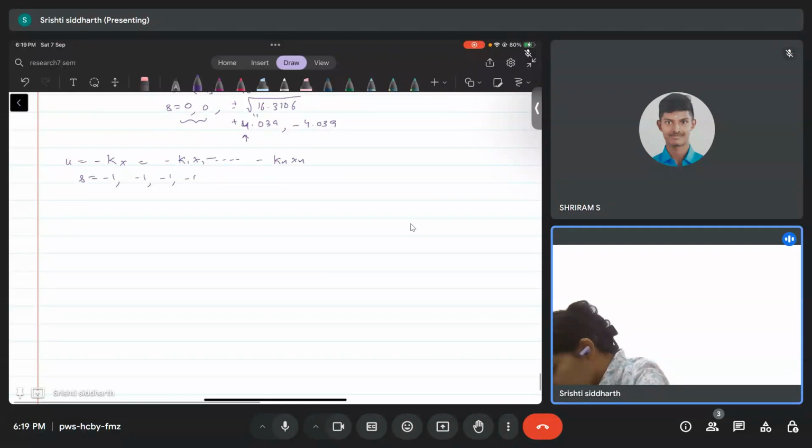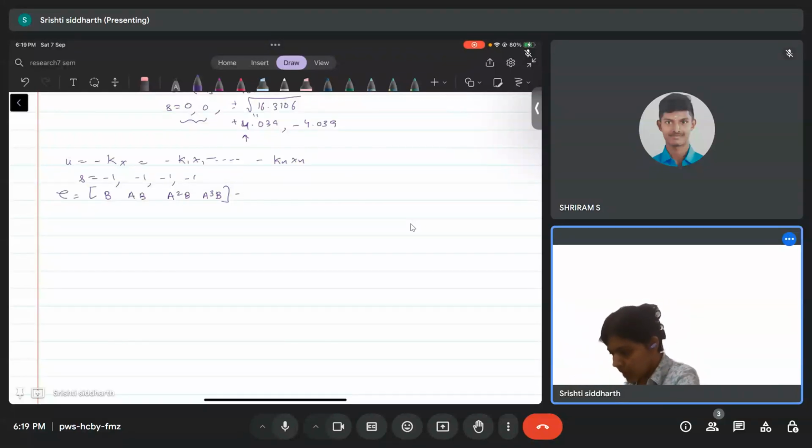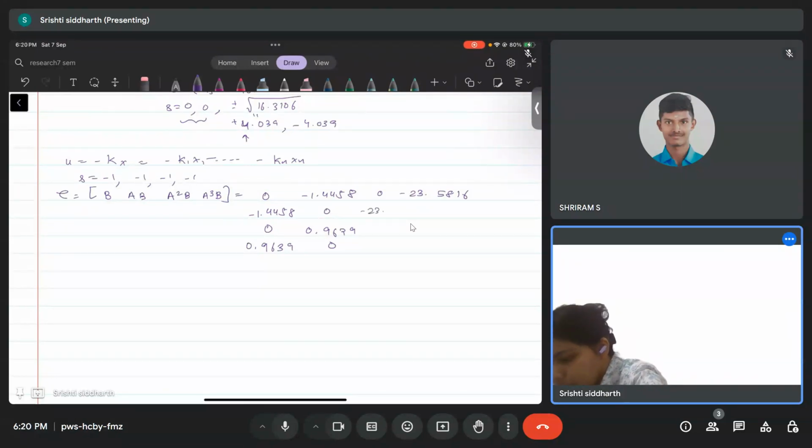So the controllability matrix is C. This is a fourth order system, so B, AB, A square B, and A cube B. So you can write this down directly. 0, minus 1.4458, then the next is, and then 23.5816, 0 and 1.5379.